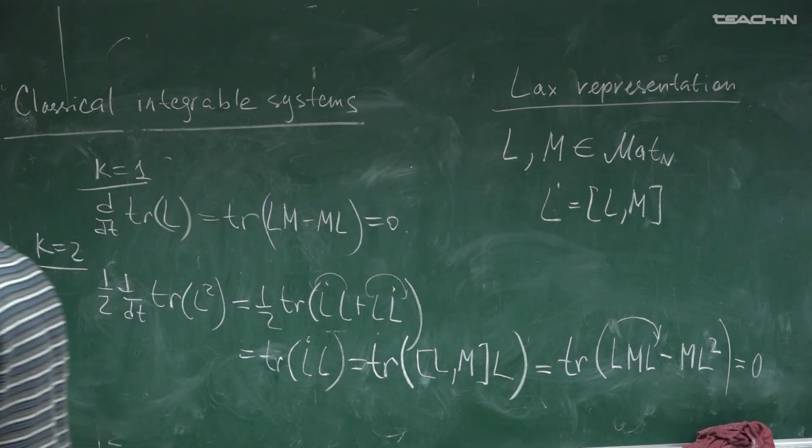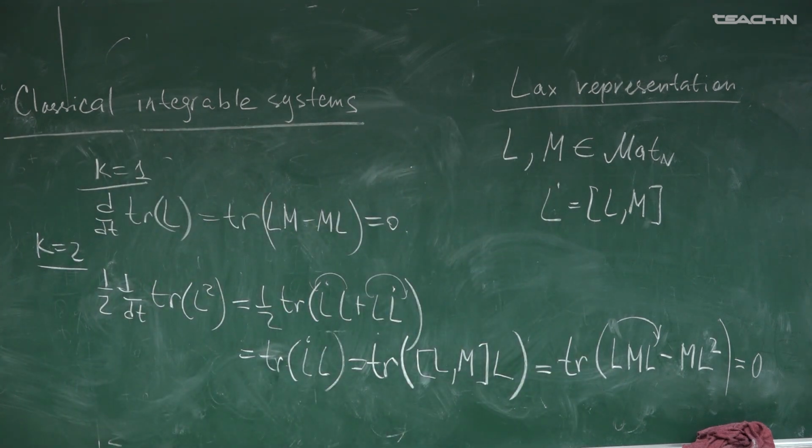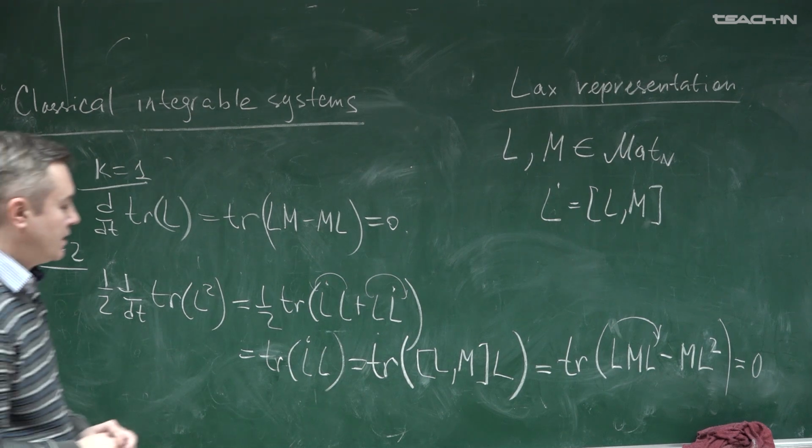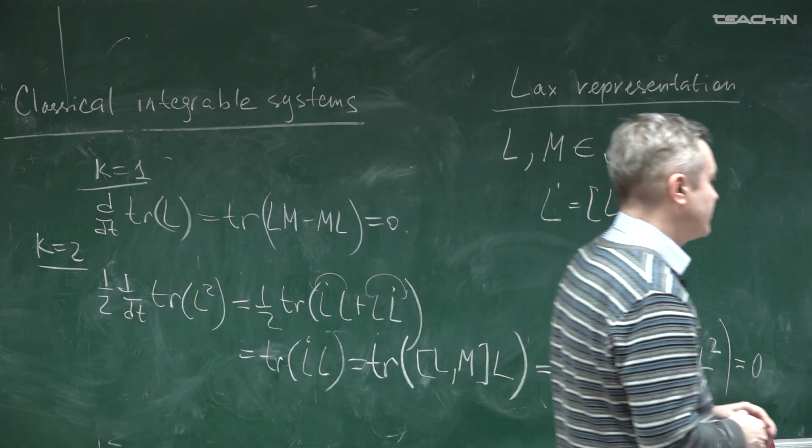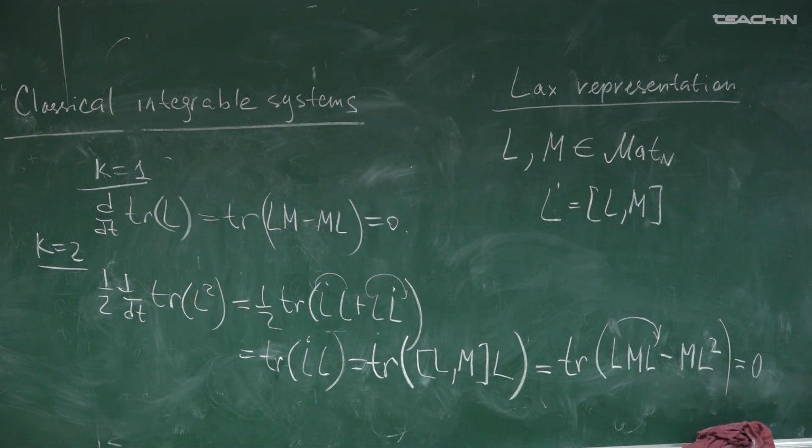And you can show easily that the same construction works for any k. You may prove it by induction or as you wish. So we have a number of conserved quantities. In principle, they are not independent, but in any example, you may and you should verify what number of integrals of motion is independent.